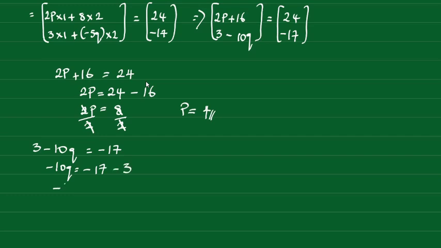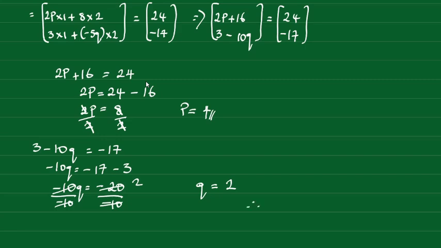Now this gives us minus 10q equal to minus 20. Divide both sides by minus 10. Minus 10 cancels out, and we end up having 2 on the other side, as minus 20 divided by minus 10. This gives us a value for q equal to 2.